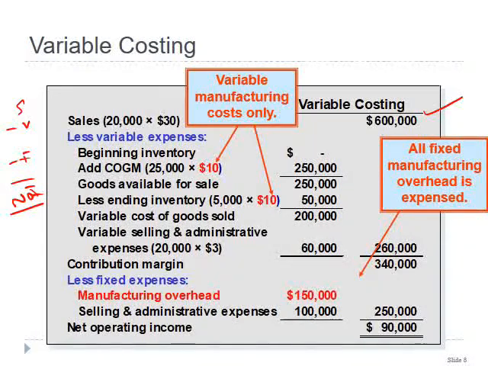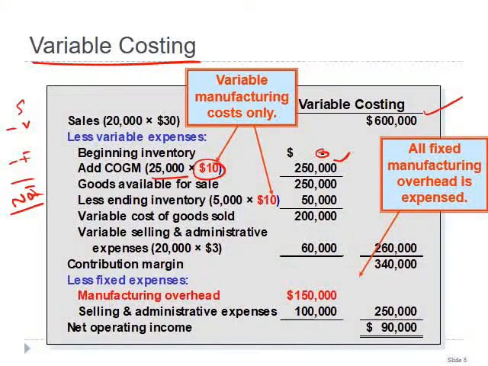Sales is 600,000, beginning inventory is 0, manufactured units are 25,000, and under variable costing the unit cost was 10, so 250,000 was our cost of producing 25,000 units.